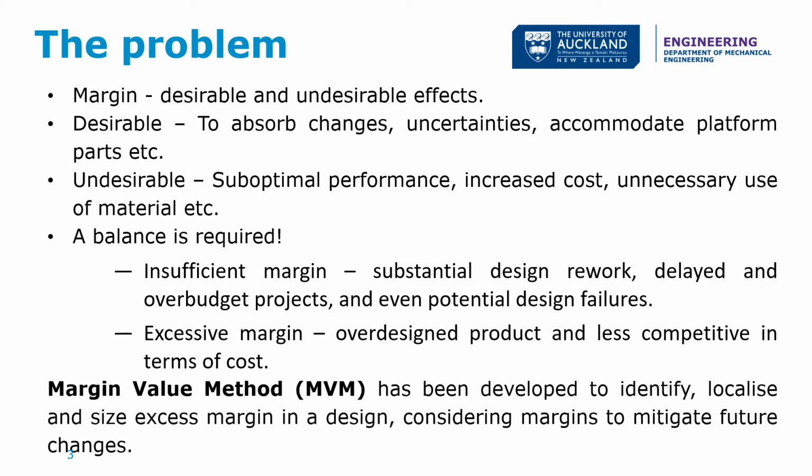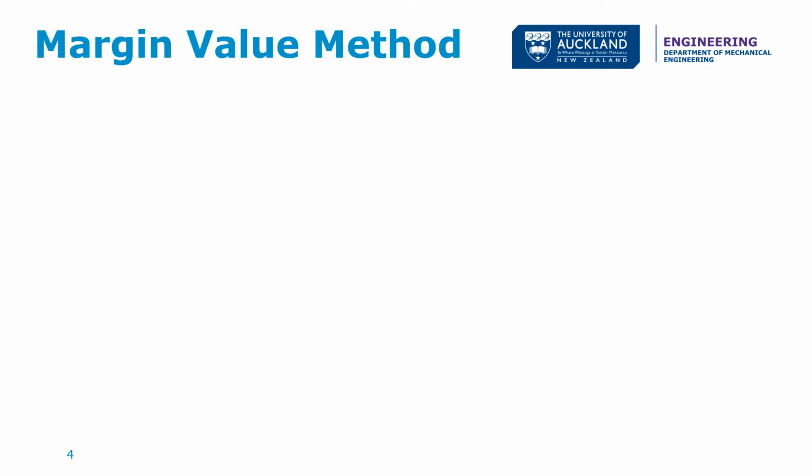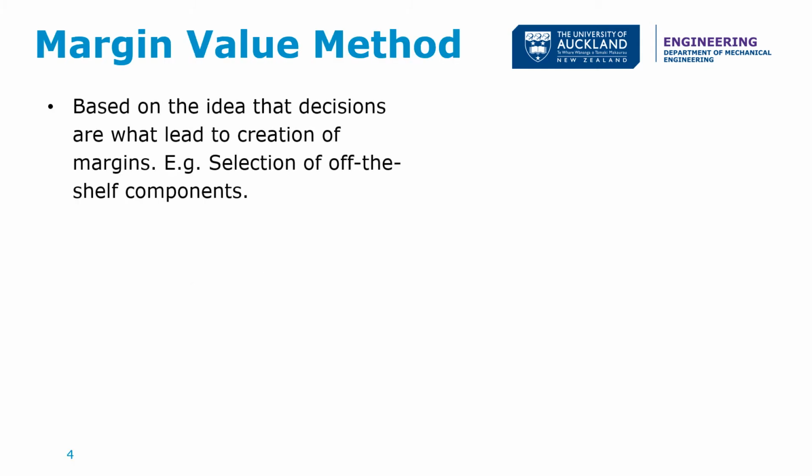We have developed a method called the margin value method, which can be used to identify, localize, and size excess margins, and therefore help decide how to use these margins effectively to optimize the design. The method is based on the idea that decisions are what lead to these excesses in design, and finding out which decisions cause how much margin.